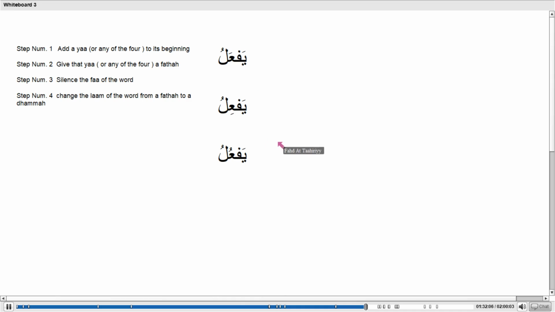The default case could change according to how you speak the word and according to the different letters you might add to the word. So yaf'ulu, silencing it because I stopped or ended with it in speech does not contradict it originally having a dhamma. Understand?